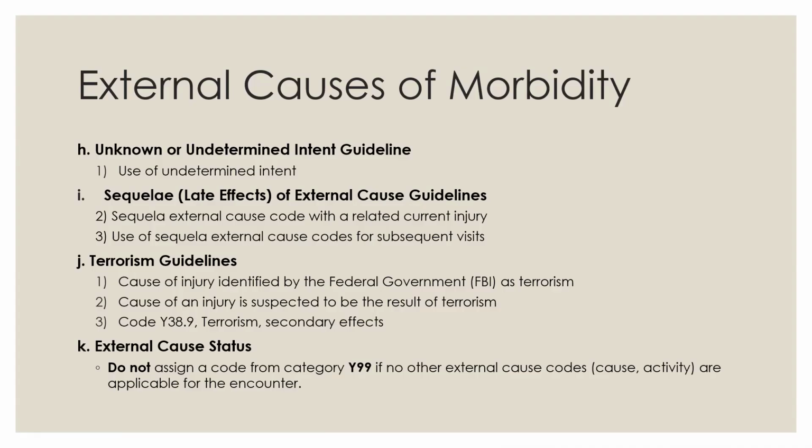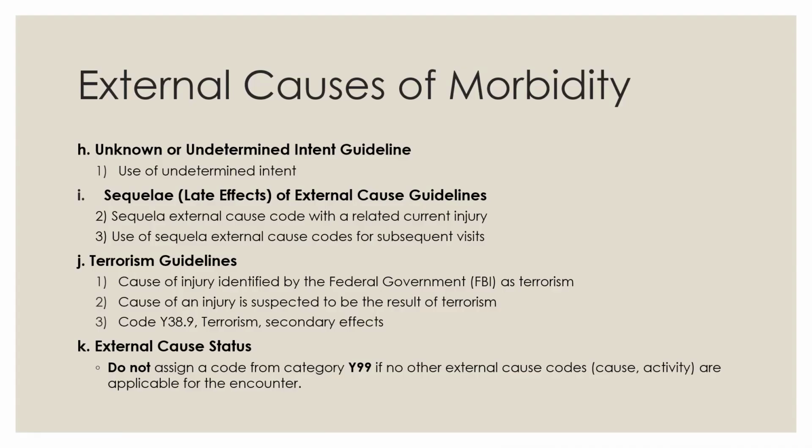Assign a code from category Y99 for external cause status to indicate the work status of the person at the time the event occurred. The status code indicates whether the event occurred during a military activity, whether a non-military person was at work, whether an individual, including a student or volunteer, was involved in a non-work activity at the time of the causal event.